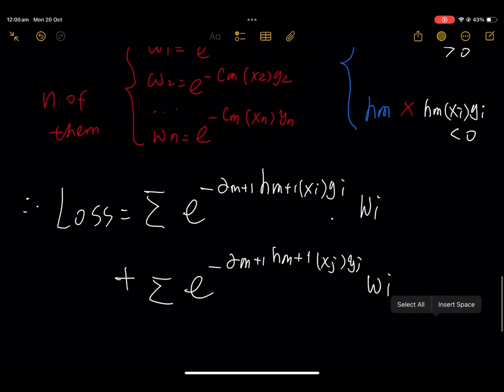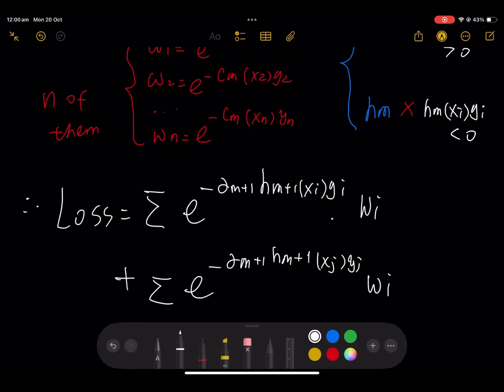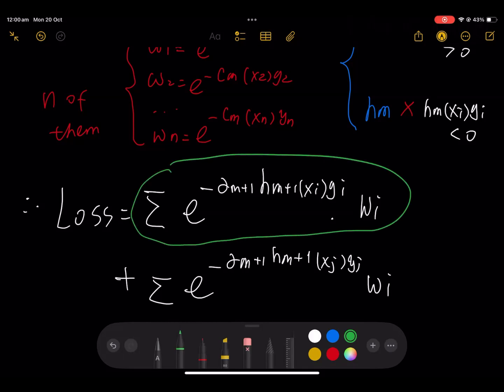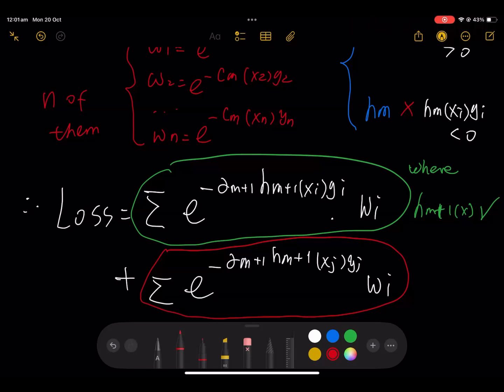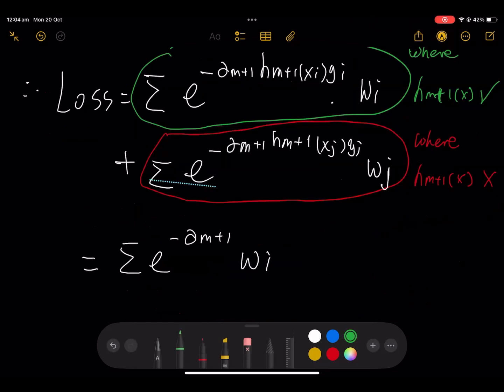One part is where the decision stump correctly classifies the data points; we sum up all of those expressions over those data points. The other part is where the stump made a mistake. We also sum up the corresponding weight and the corresponding loss.